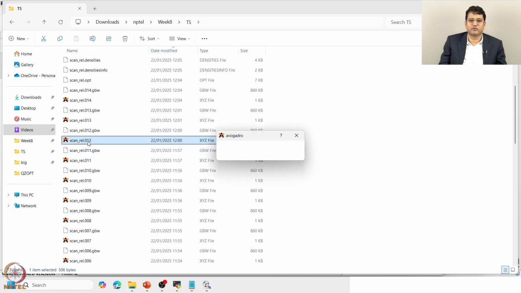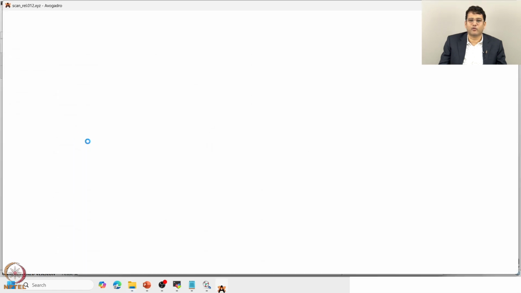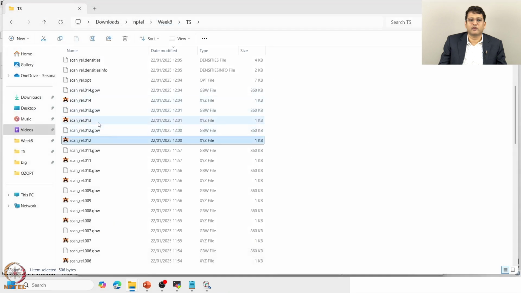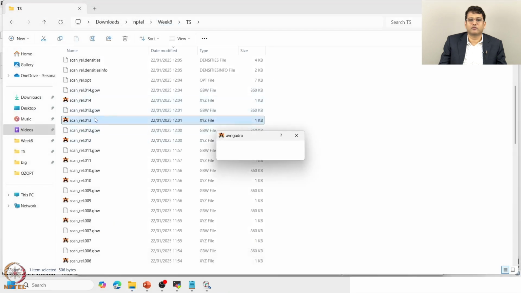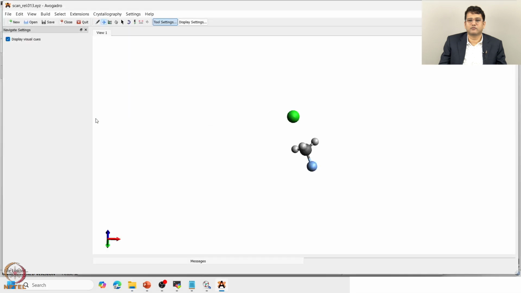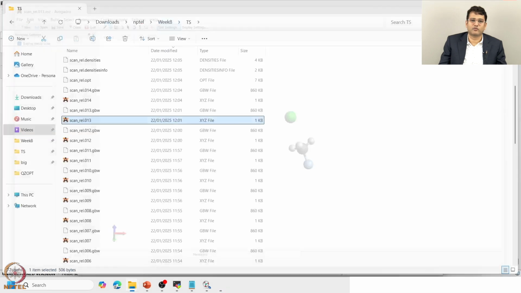I think this will be quicker than opening in ChemCraft, not really. So, this is where it at least gives you some kind of proper orientation, at 13. So, either we have to start with 12 or 13 and then redo the scanning again.